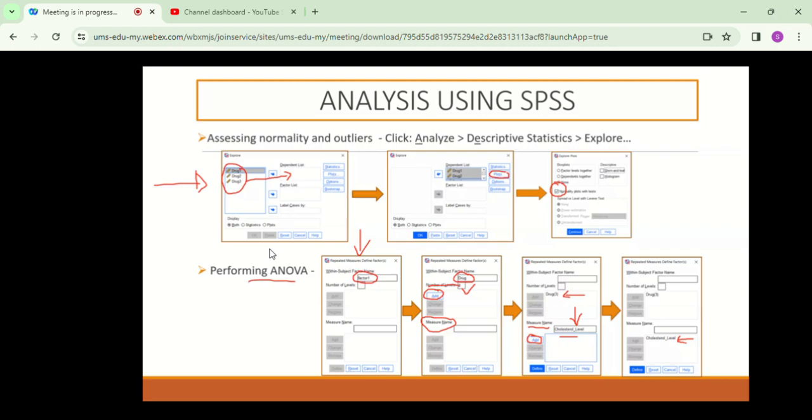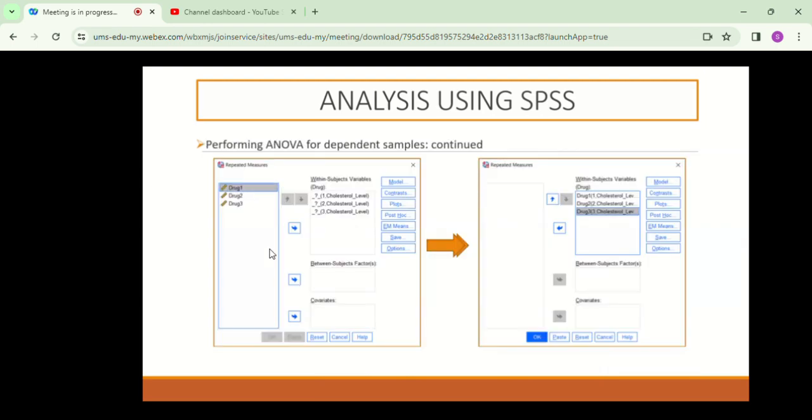If you don't understand your data, then you will be unable to name it correctly. So here the factor is drug with 3 levels, and the measurement is the cholesterol level. It is already defined here. Okay, click define.